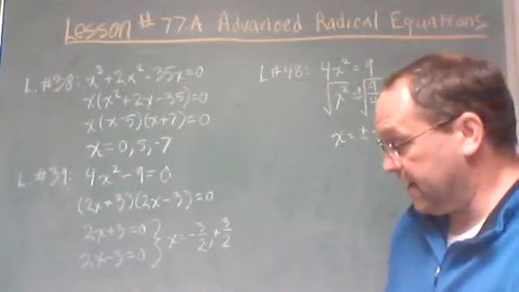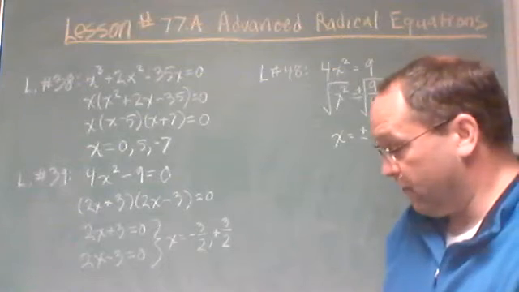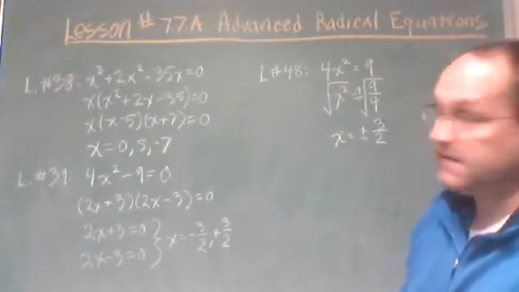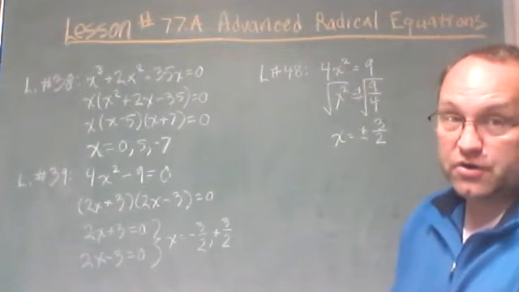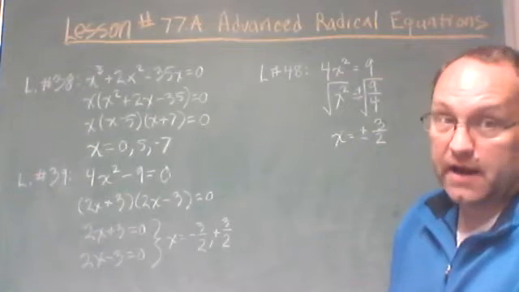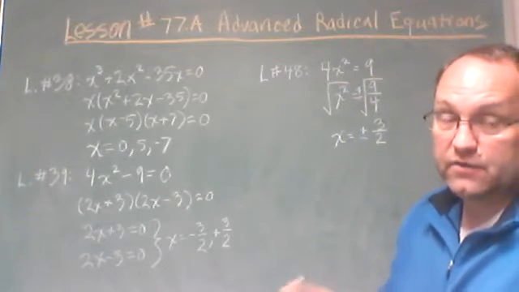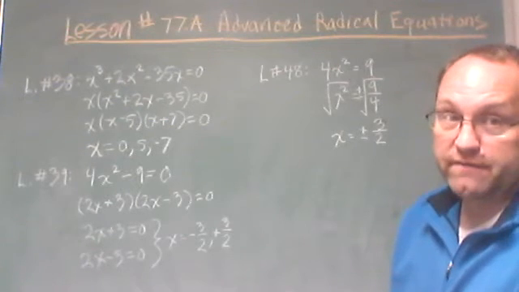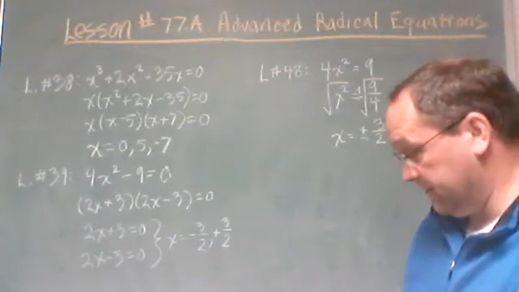Now they also said in this lesson 48, we can take advantage of that procedure to isolate a root, or we can isolate a power to a side. Either way, we can isolate the variable to a power, or the variable under a radical symbol.